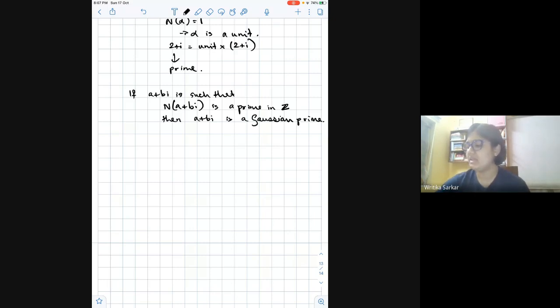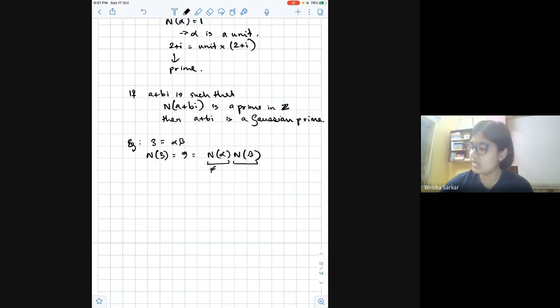For example, if you have 3. Now 3 is a prime in integers, but 3 is also a Gaussian prime, because if you write 3 equal to alpha times beta, then the norm of 3 is 9, and you have the norm of alpha times the norm of beta. And if you assume that none of alpha and beta are trivial, none of them are just units, then none of these have norm 1.